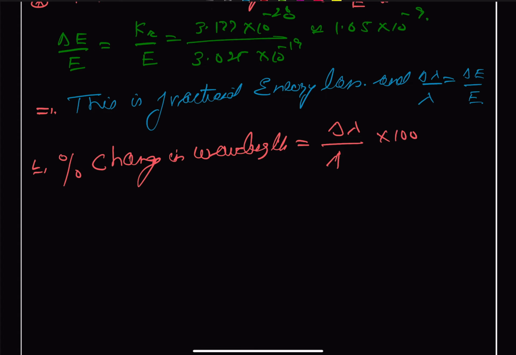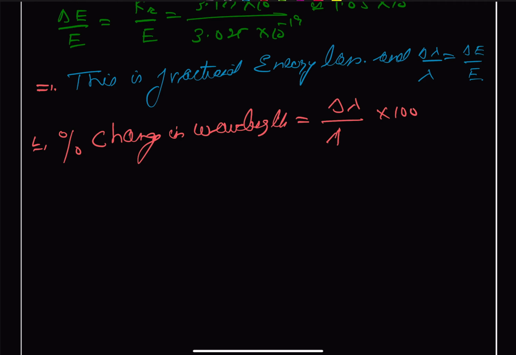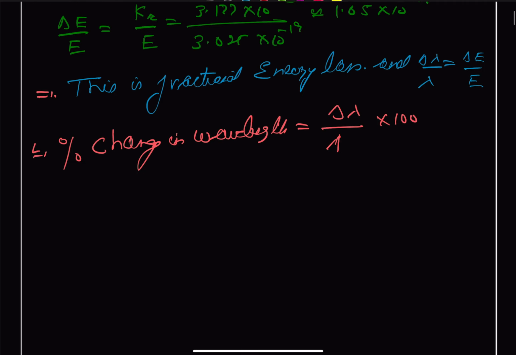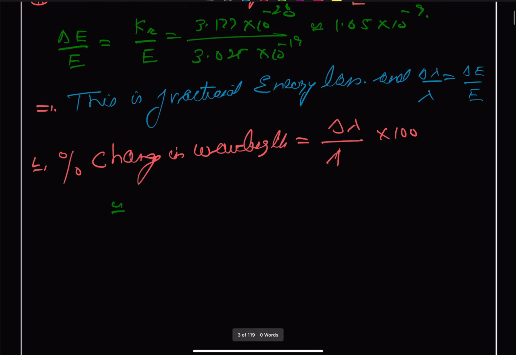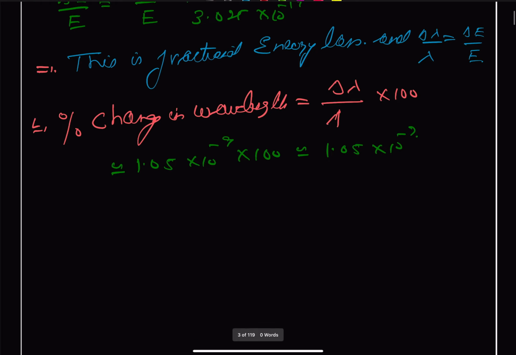And we substitute the value, we get this will be equal to 1.05 into 10 to the power minus 9 multiplied by 100, which is approximately equal to 1.05 into 10 to the power minus 7. And this percentage is given to us as 1 into 10 to the power minus 7.